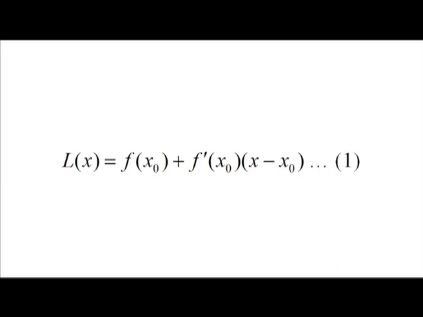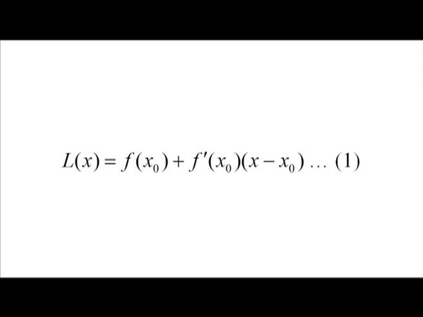If f is differentiable at x = x₀, then the approximate function L(x) = f(x₀) + f'(x₀)(x − x₀), we call it equation number 1, is the linearization or local linearization of f at x₀.